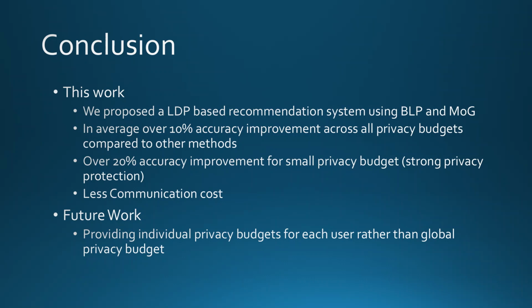Apart from that, our method incurs very little communication cost compared to the PGMF method because we do not send back and forth the user latent matrix. Only the users perturb their ratings and send them to the data aggregators, and that's it. They don't have to do anything else.